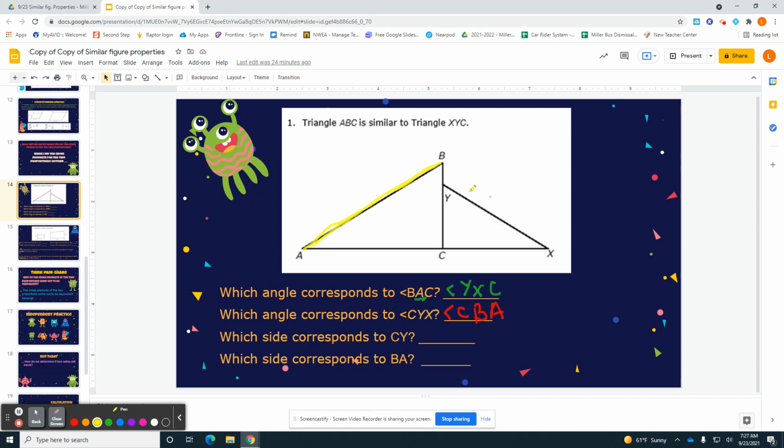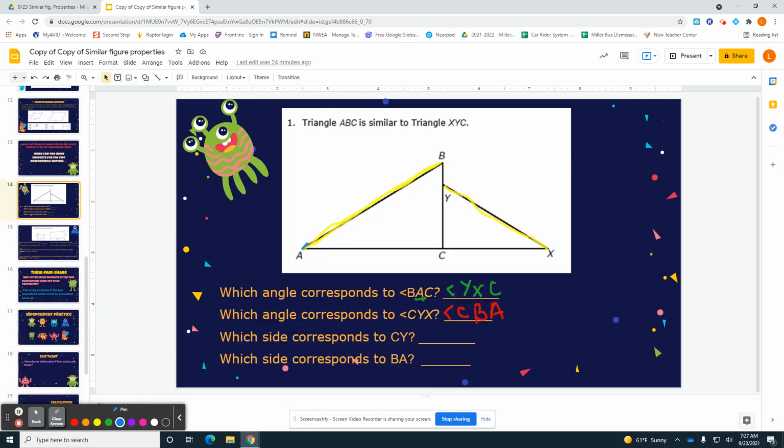Well, it's going to correspond to side YX if you said that, it is correct. And we know that because that is our slanted side or our hypotenuse. This is our slanted side on this one, so we know that one's going to be the one that matches to A. It is the one that is directly across from our right angle. That's what I mean by hypotenuse.